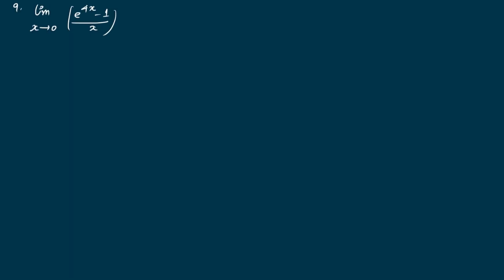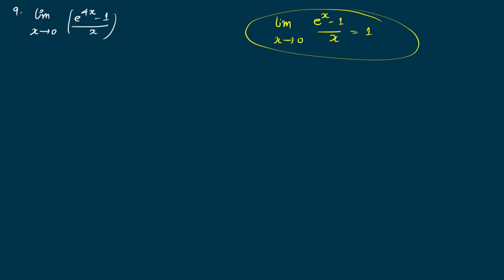Now the question number 9. I am remembering this formula. In order to make my question look in this format, if I notice here, I see there is x and x which looks similar, but there is a 4x here. So what I will do is I will try to make this x as 4x.